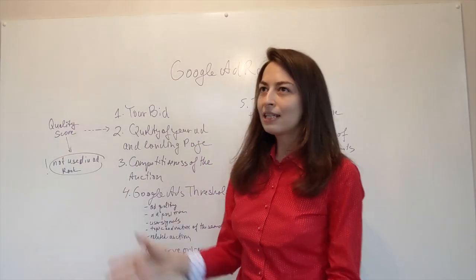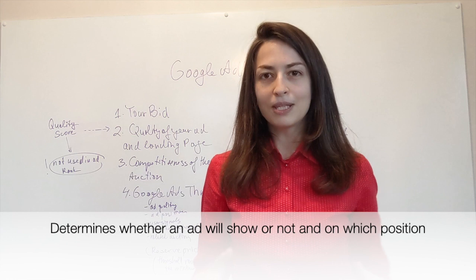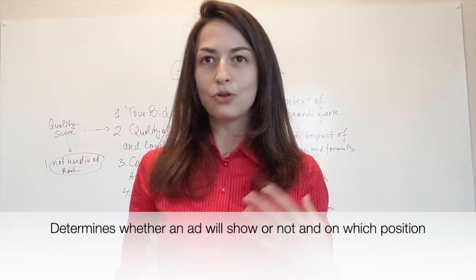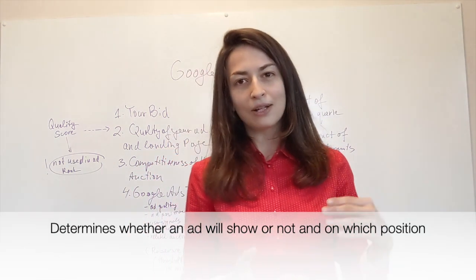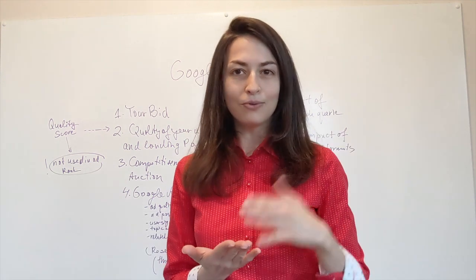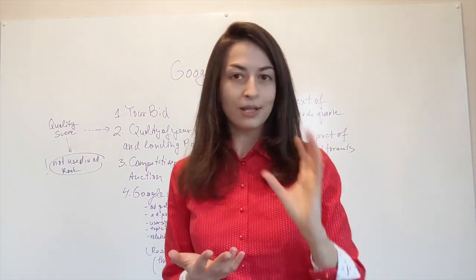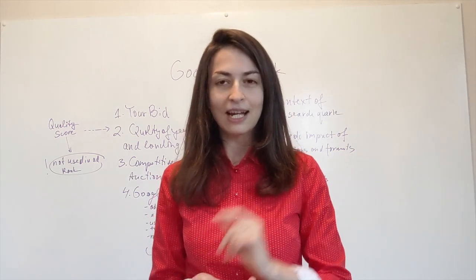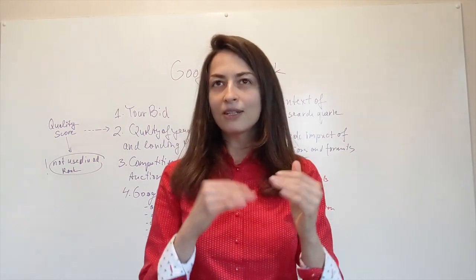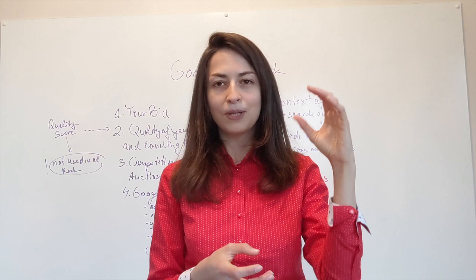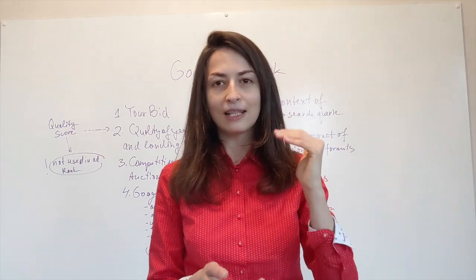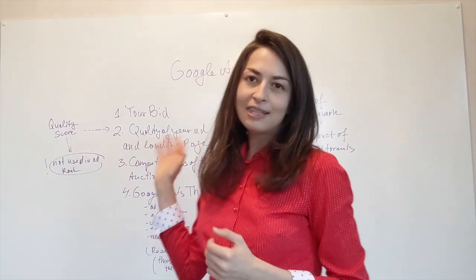The ad rank is basically what determines whether an ad is going to show and in which position in the Google auction. When you do a search on Google, you will see a bunch of ads at the top, or sometimes you might not see any ads, and I'll explain why. What determines which ad appears in the top, second, and last position is ad rank.